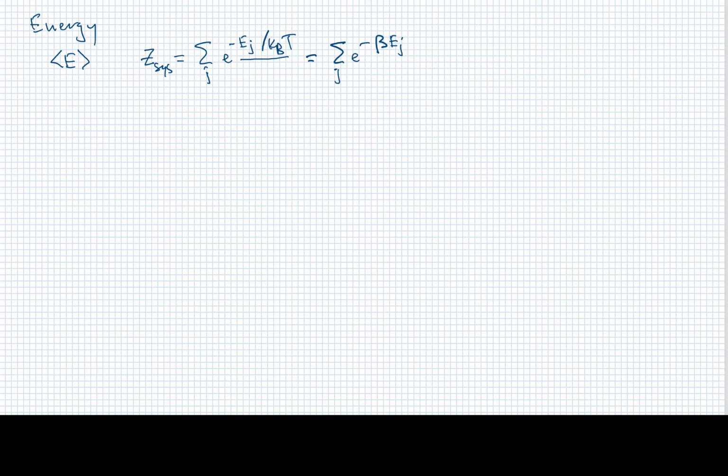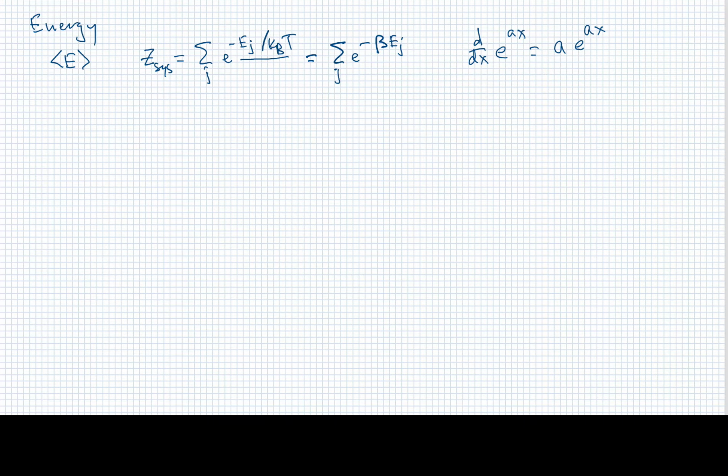Let's suppose that I have some function e to the ax, and I take the derivative of this with respect to x. Well, that would give me a times e to the ax. That would be the result of the derivative.